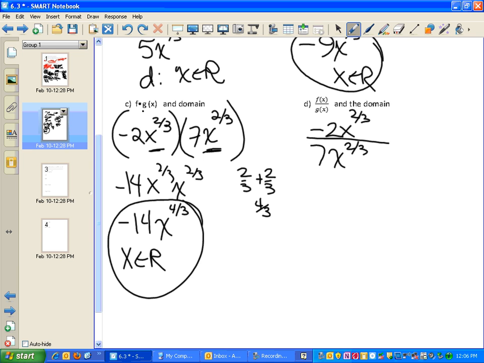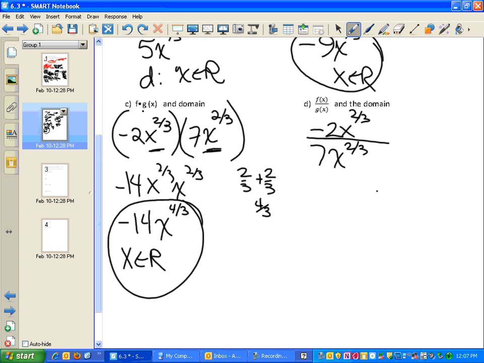fraction, before you simplify, you have to ask yourself the two questions. Do I have a denominator? Yes, I do now. Even though I can simplify it out, I put something in the denominator at some point. So how do I figure out what can't exist in the denominator?